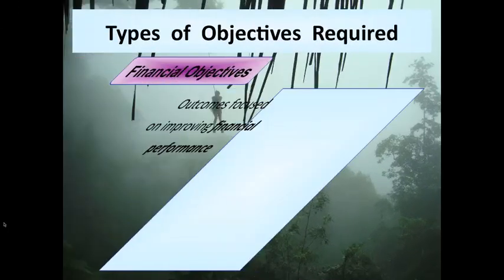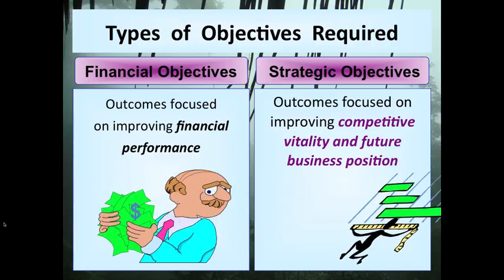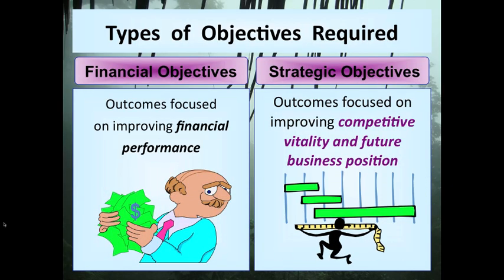There are two types of objectives. One is financial objectives, and a lot of, especially American companies, tend to focus maybe too much on financial objectives, and that tends to focus you more in the short term than in the long term. So we need to have a combination of both financial and strategic objectives.